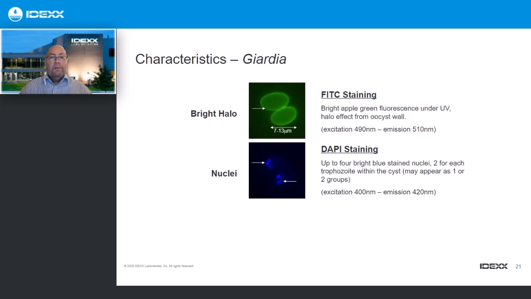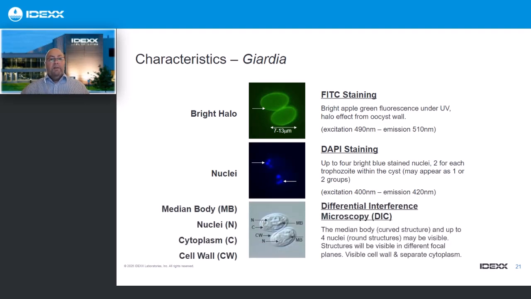And then we're looking for the nuclei within the trophozoites within the cyst itself. And then there are a number of different internal structures within Giardia that can be clearly identified. Nuclei particularly, the cytoplasm and the cell wall. Medium bodies are a little bit more difficult, but with a lot of experience, you can identify these internal structures and make that judgment call.